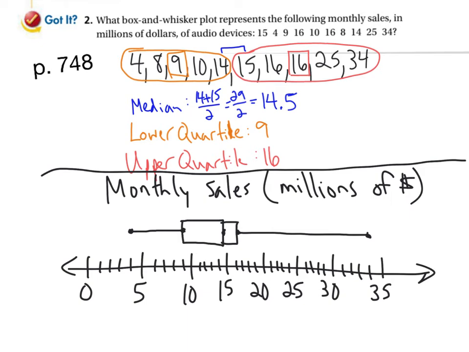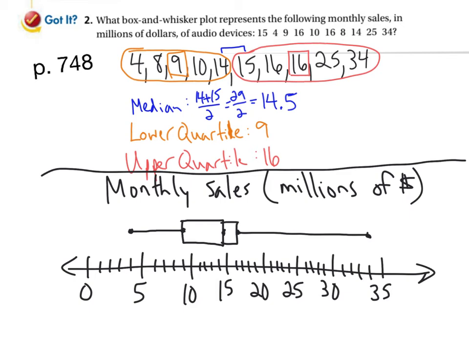Okay, and this just helps with the box and whisker plot. It helps us to see how the numbers are distributed, because there's 25% of the numbers, once again, in each one of those sections. So 25% of the time they sold between 4 million and 9 million. 25% of the time they sold between 9 million and $14.5 million. 25% of the time they sold between 14.5 and 16 million, and 25% of the time they sold between 16 million and 34 million.